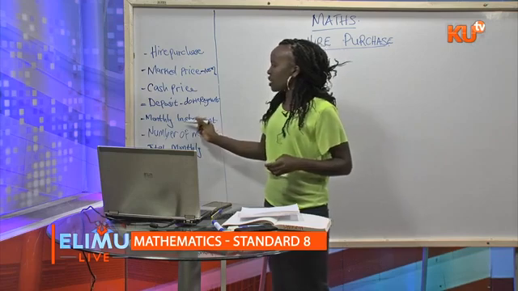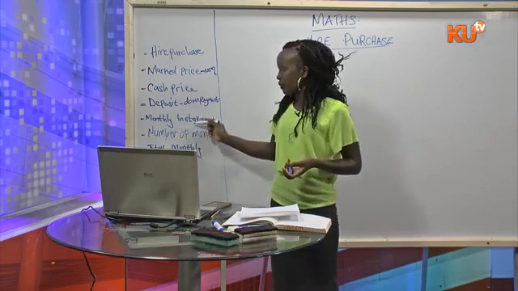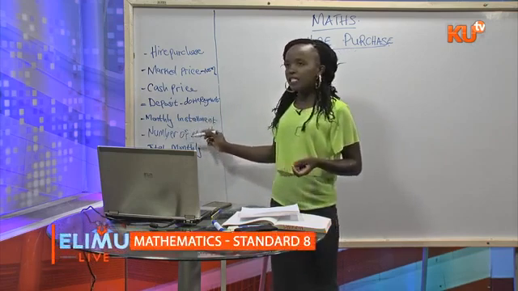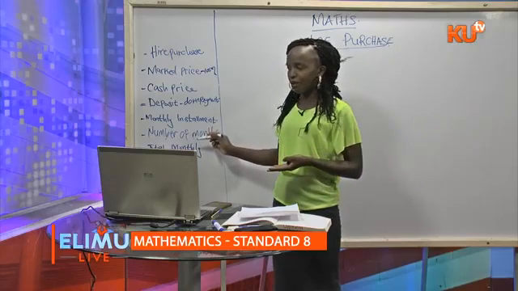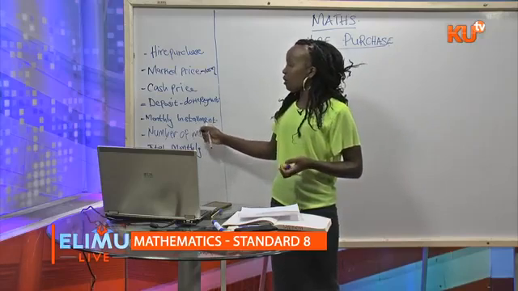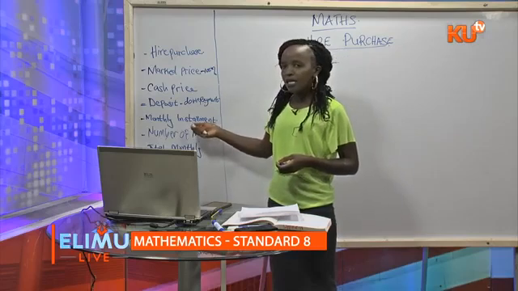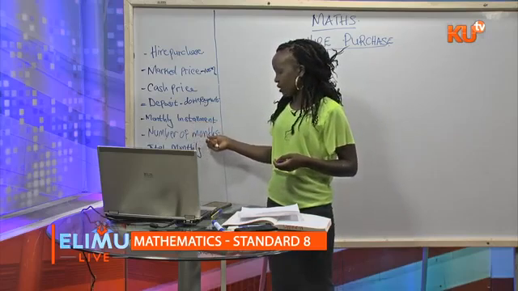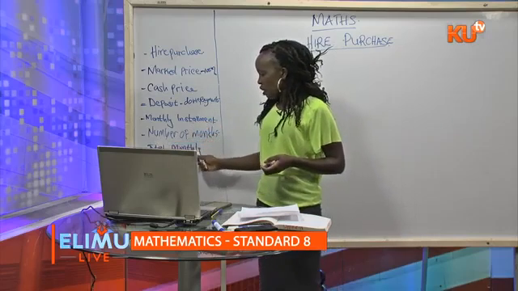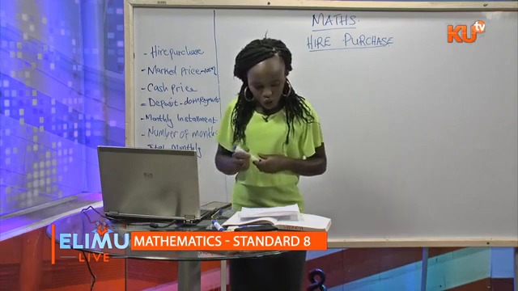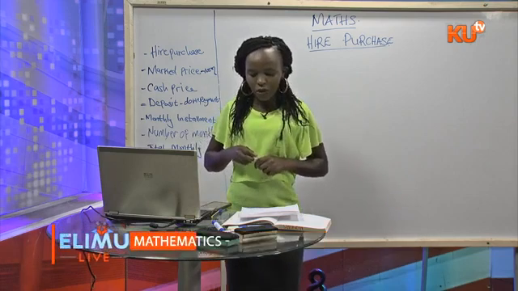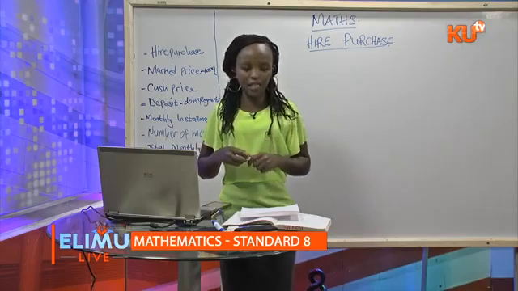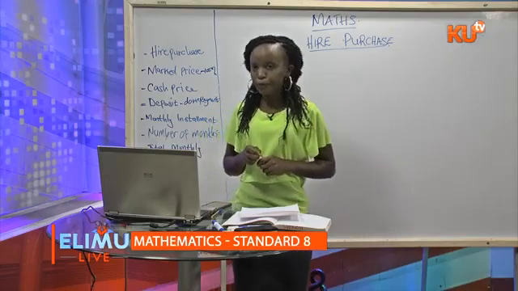Every month there's a certain amount of money that you pay, and then you have the number of months. Let's say from January to September, those are 9 months. So the amount of money that you pay per month times the number of months, we get the total monthly installment. The total monthly installment is the total amount paid by the end of the agreed number of months.